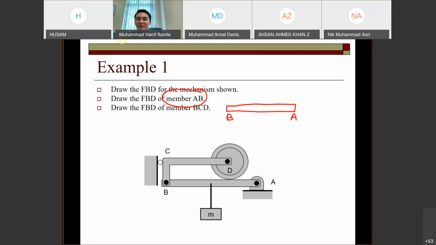Yes, you have to determine the reactions. Let's say I'm choosing point B. How many reactions at B?